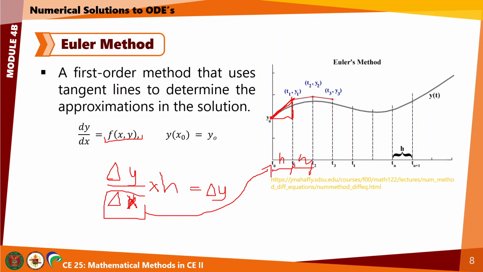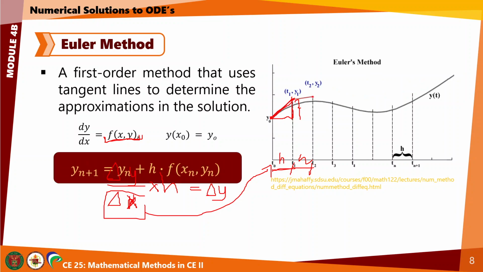So if I multiply the slope, yung f, ay yung makuha nating slope dito, if I multiply that with your h, you get this distance. Okay, and that's to be added to y sub 0 to get y sub 1. Basically, ito yun.